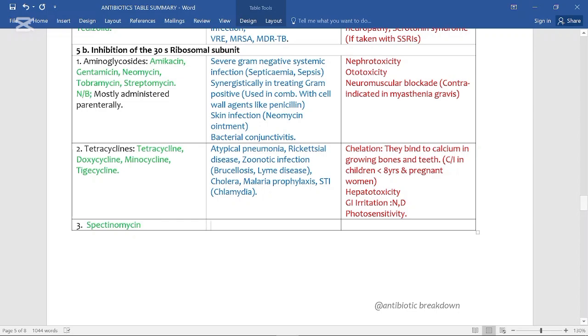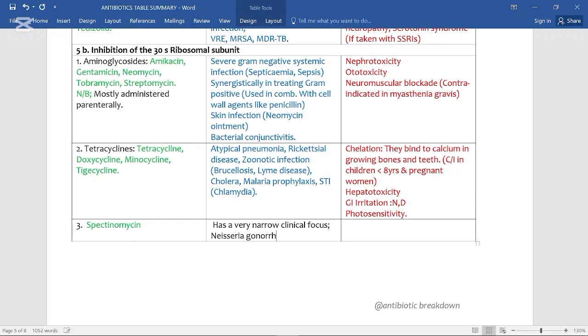The major indication here is a very narrow clinical focus; it's rarely used. It's majorly used against gonorrhea. So it's very good against Neisseria gonorrhoeae. Yes, it's a very good drug when it comes to dealing with gonorrhea. Side effects: it's always pain.